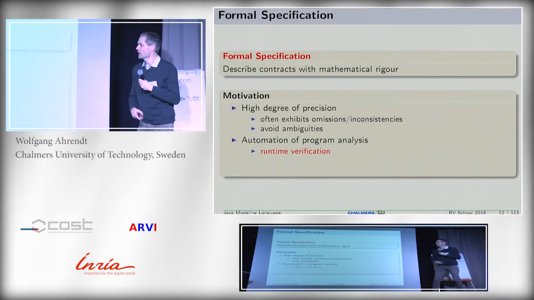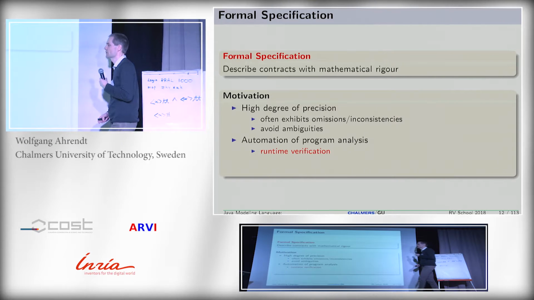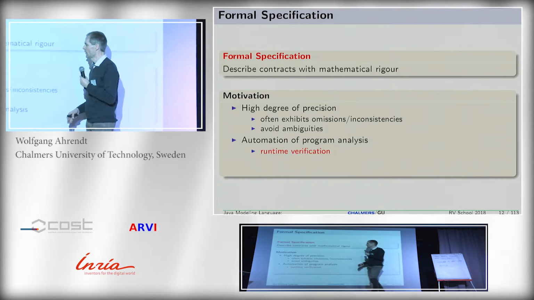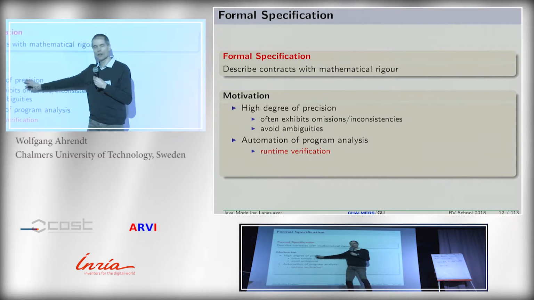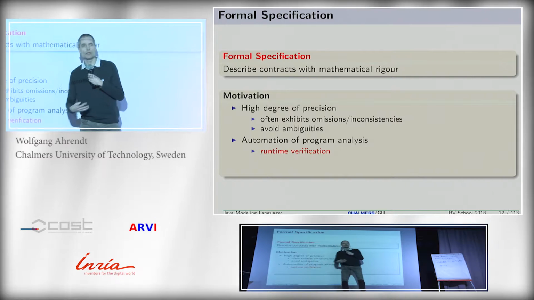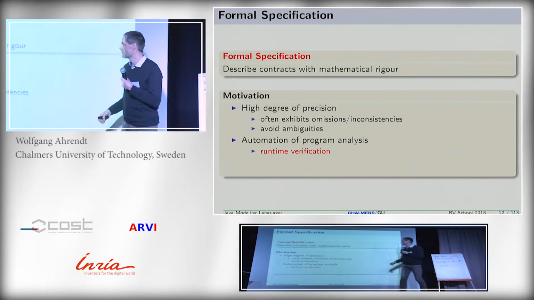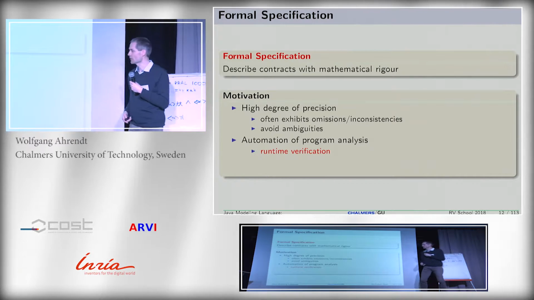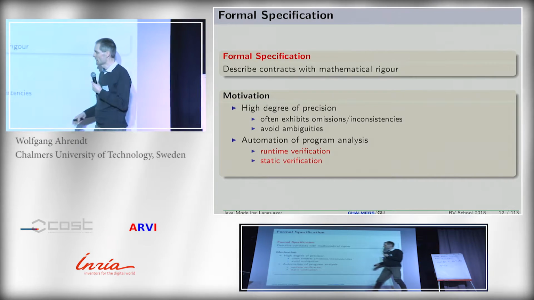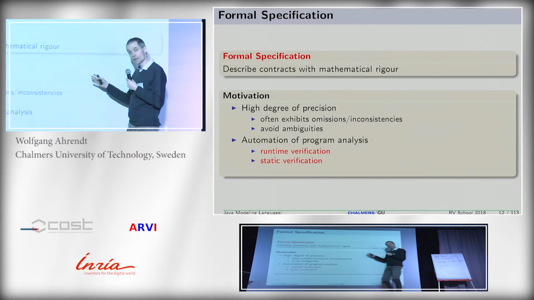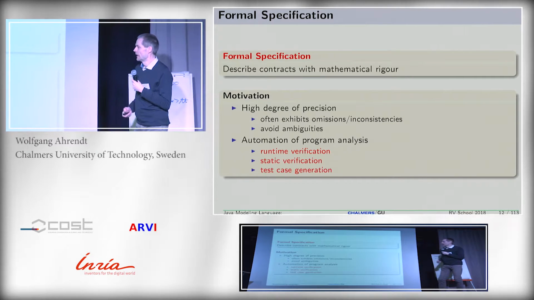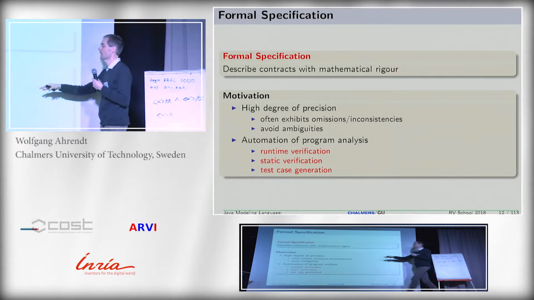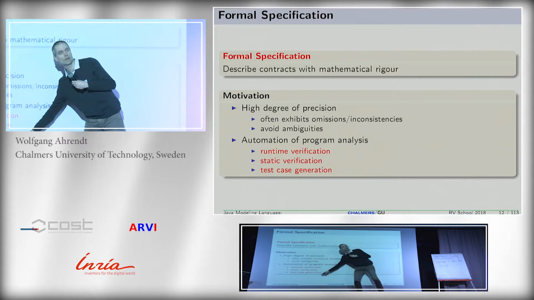But the other very important motivation for this is, whether you care for mathematical beauty or not, maybe you do care about automation of analysis. And there are different analysis techniques. One is runtime verification, which is what all this school is all about. The other is static verification, which is what the KeY tool is all about. There are also other things we can do on the basis of this, like test case generation.